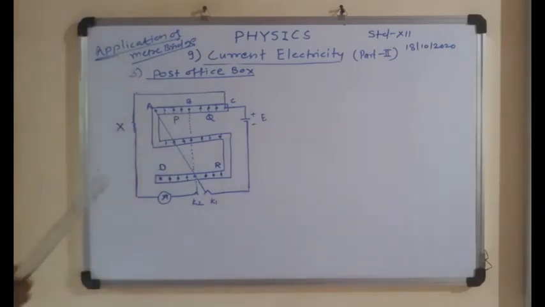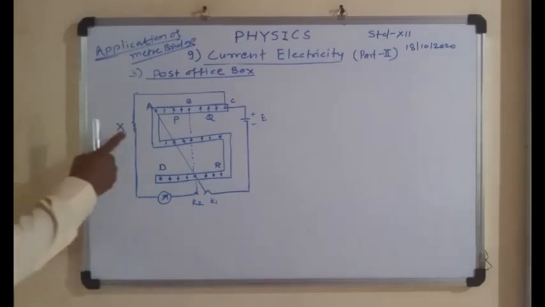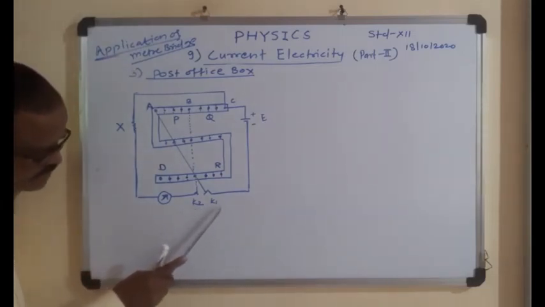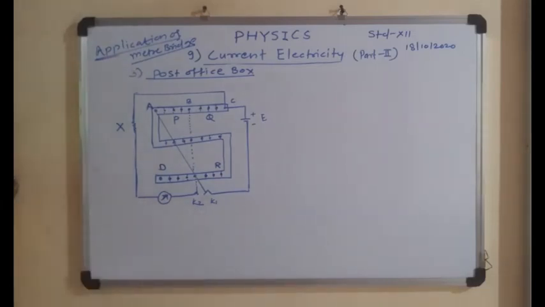The unknown resistance X is connected in such a way that it forms the fourth resistance. There are two keys, K1 and K2.